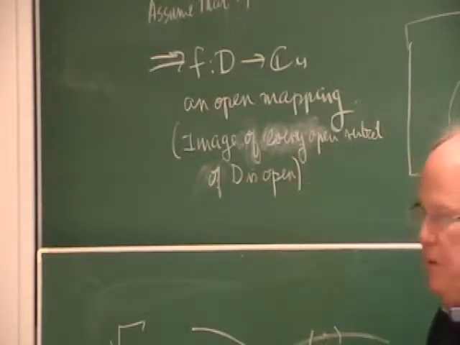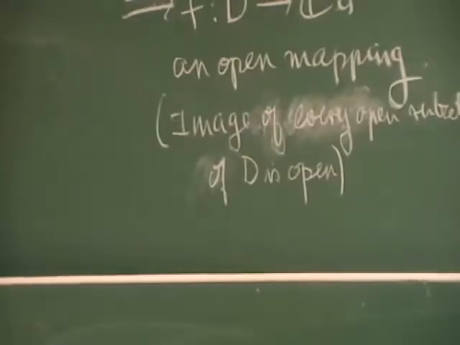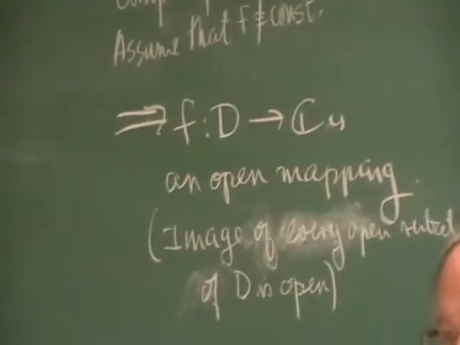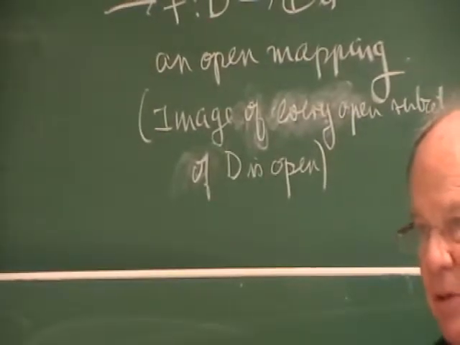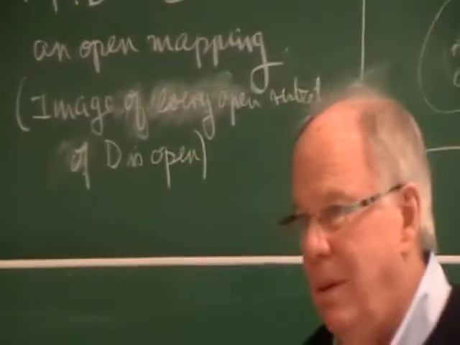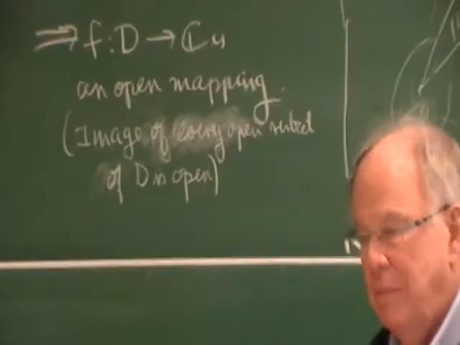If you have little experience in mathematics, let me tell you that's a hammer. To know that a mapping is open is really big time. The image of every open set is open. That is big time.